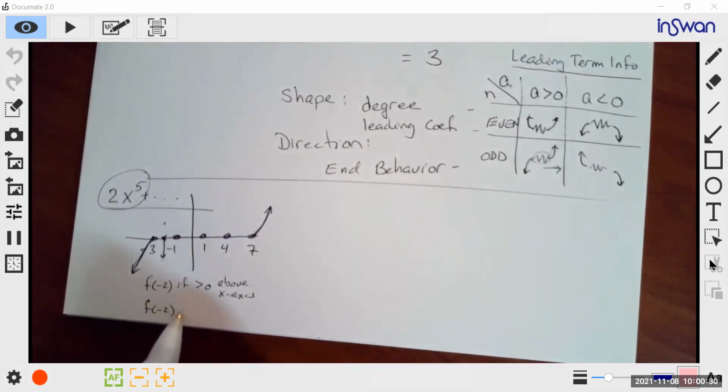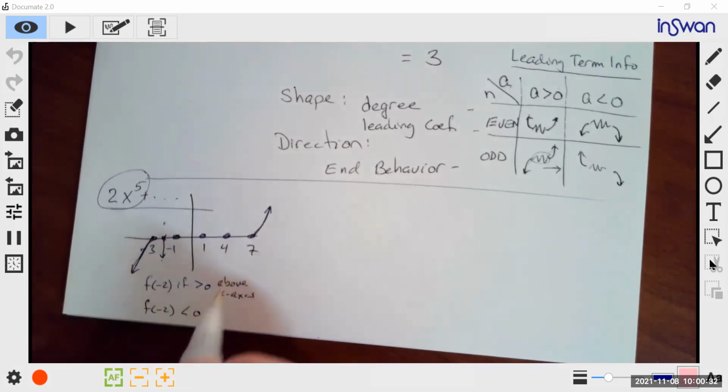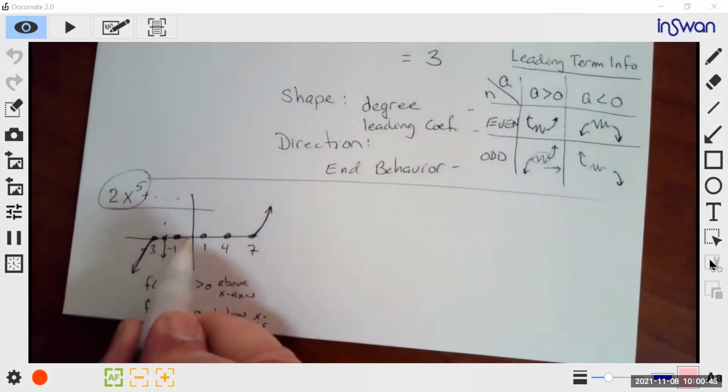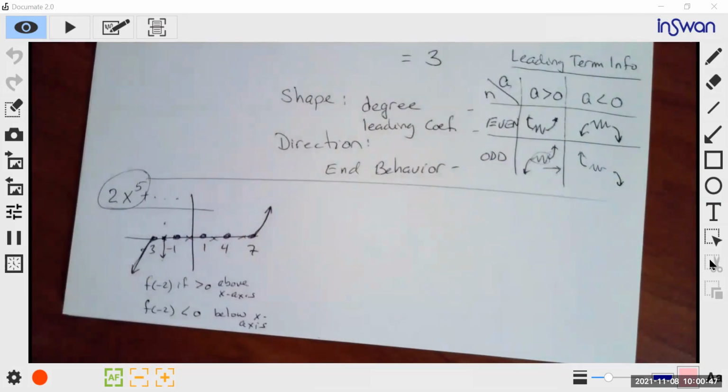If that value is negative, then it's below the x-axis. We do that to any point between each of our intercepts.